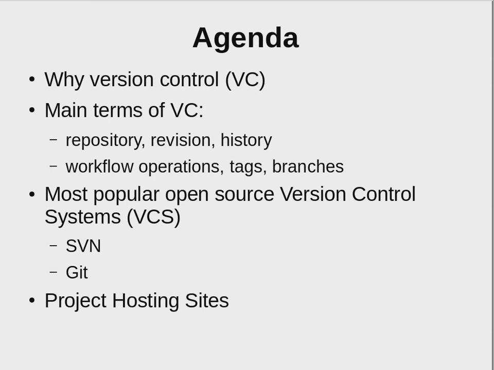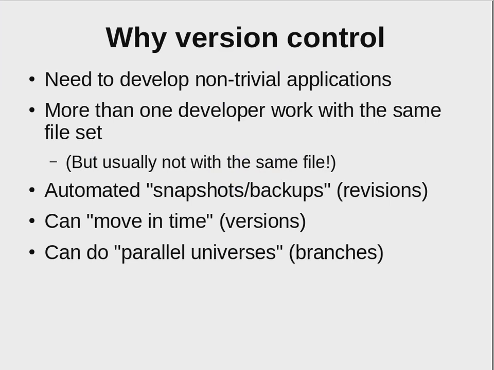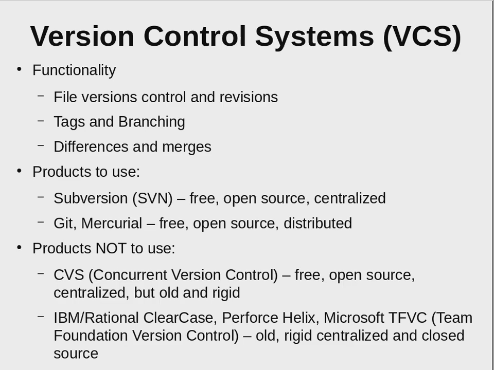But now, from all these things, I will go into more details about this last item in this agenda, doing parallel universes of your project or parallel lifelines of your project, which are actually called branches.